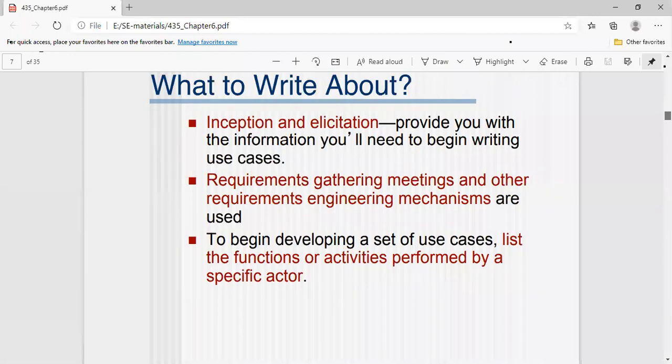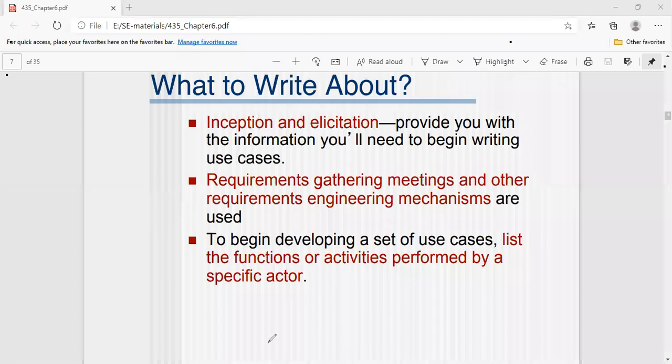If you see the first one, what to write about? If you are going to draw or construct use cases, what considerations should you take?